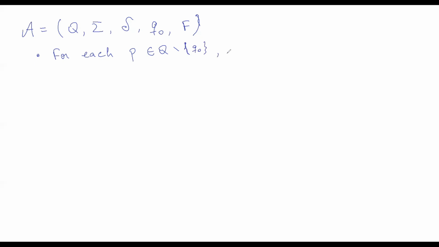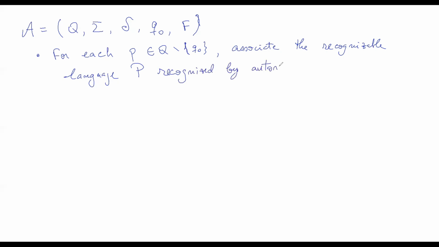So for each P in Q, associate the recognizable language capital P recognized by an automaton, and the automaton is going to be pretty much the same as the one we had before, except that the only change we have, so we start from Q0, is that we say, well, what if P was the final state? And as a matter of fact, I'm going to just get rid of this. It's the same discussion for Q0. The special thing about Q0 comes in a moment.